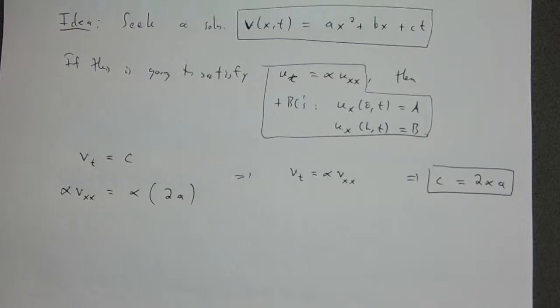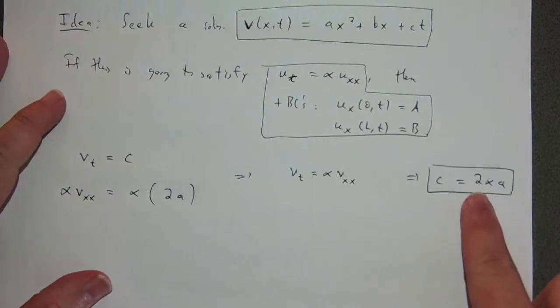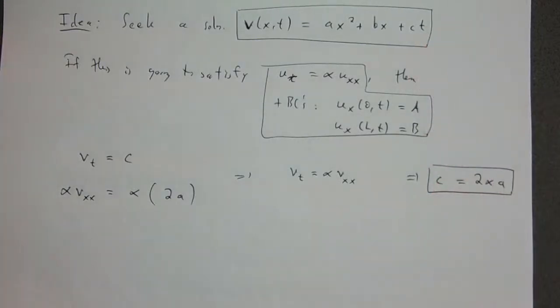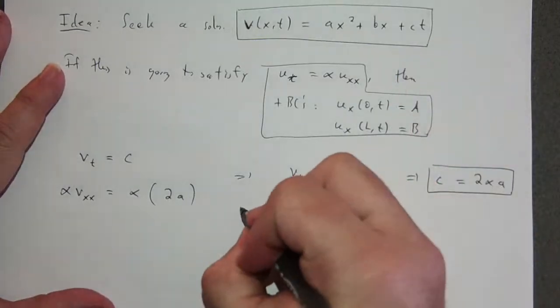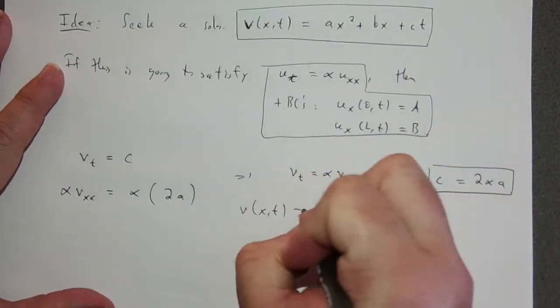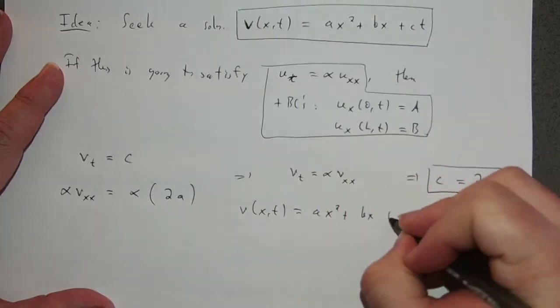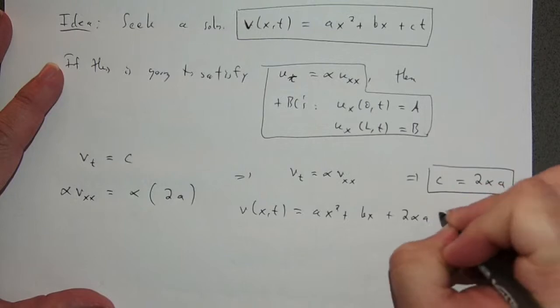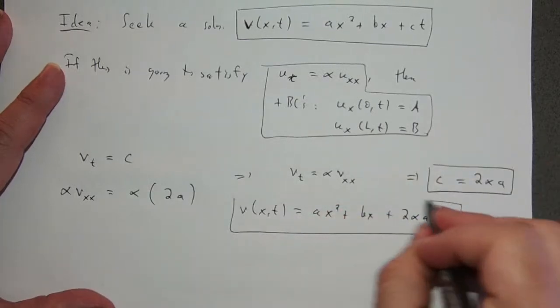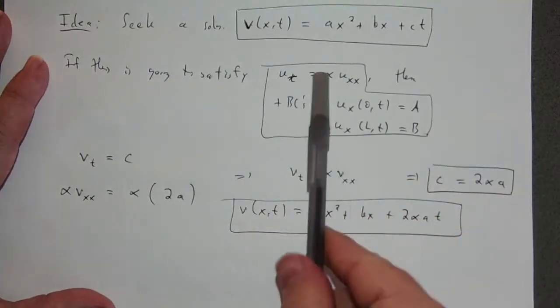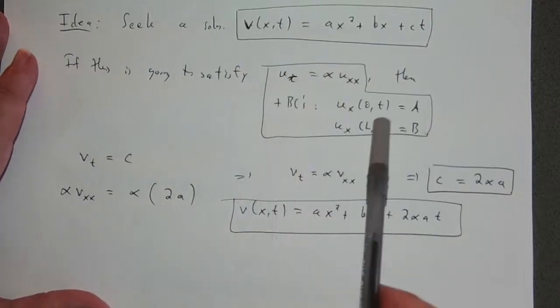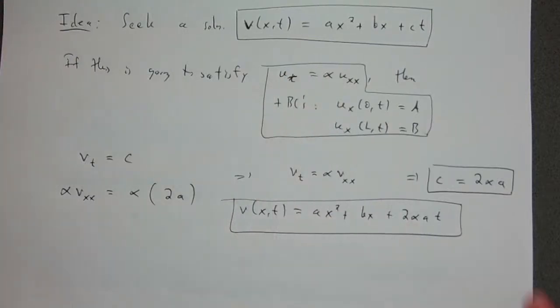Okay. So then if c is 2 alpha a, our v of x,t is ax squared plus bx plus 2 alpha a t.